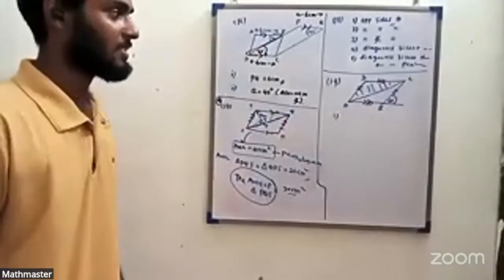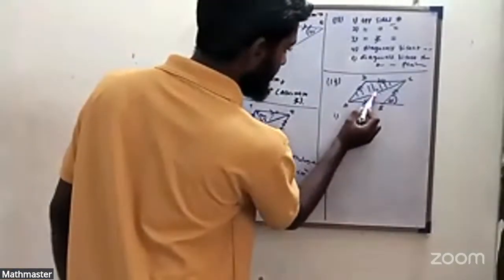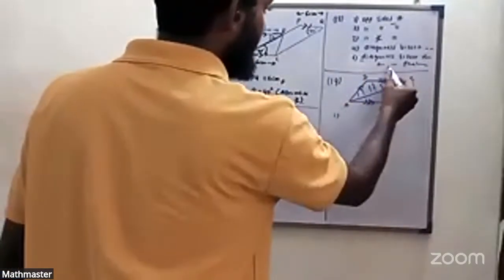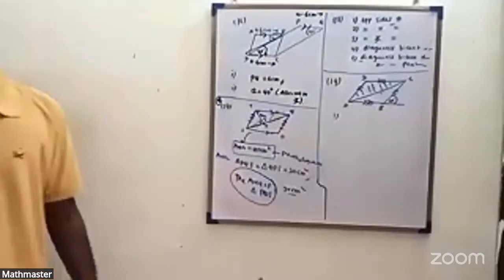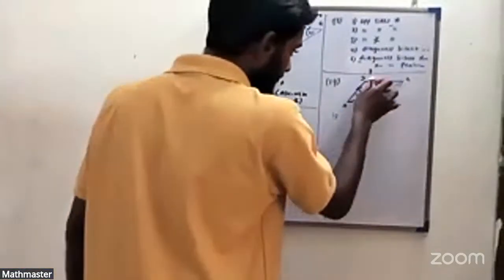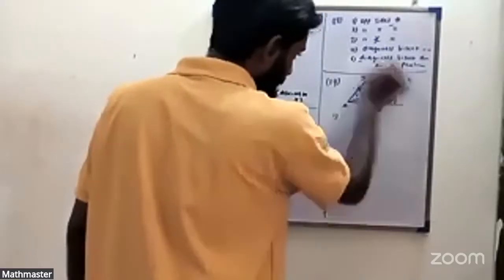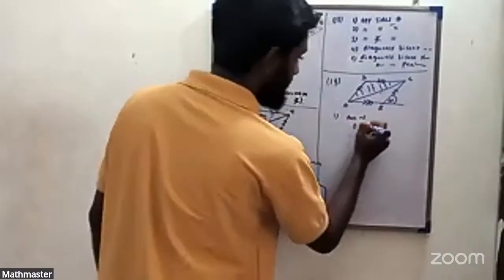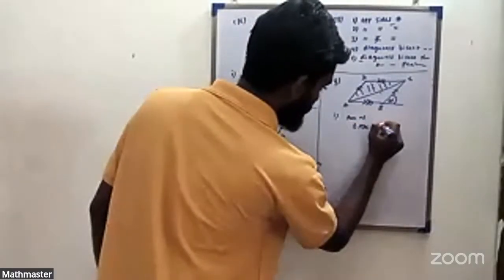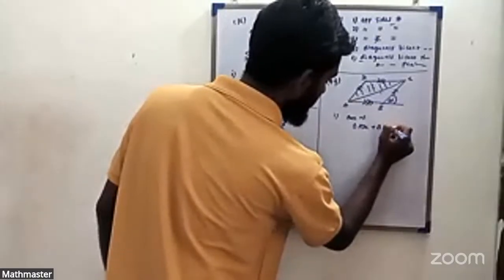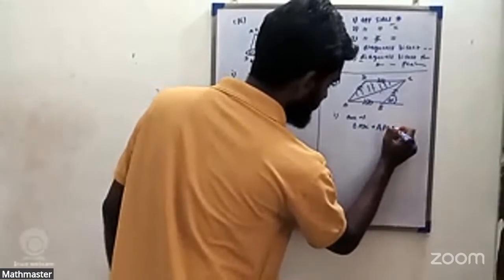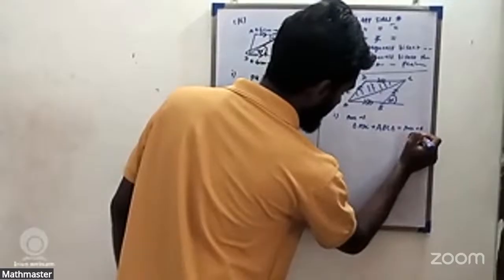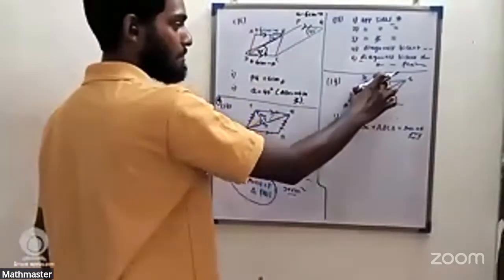Properties of parallelograms. What happens? These two triangles, the areas are equal. Why? The fifth property: the diagonals bisect the area of the parallelogram. That means the area of this triangle is equal to the area of this triangle.